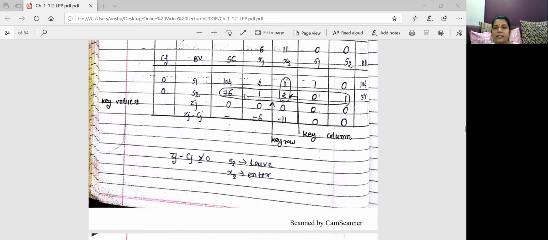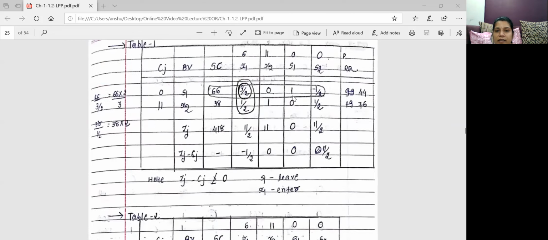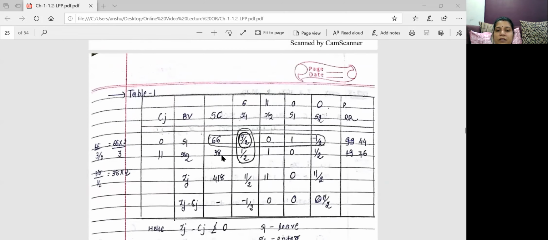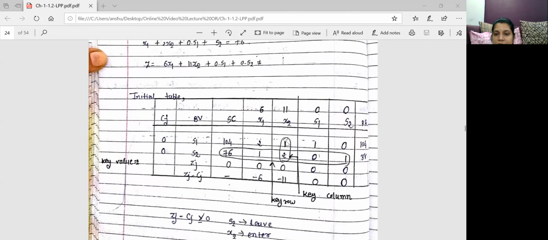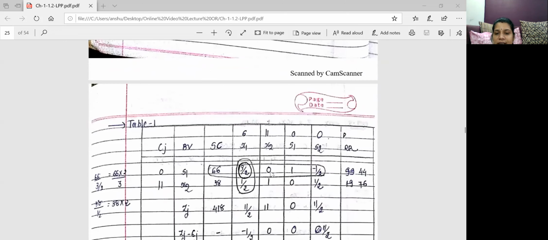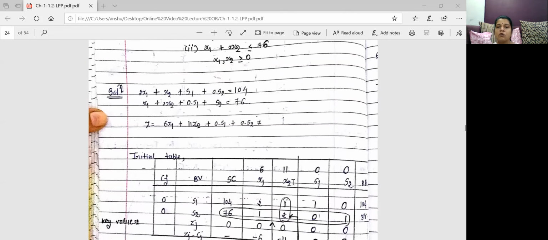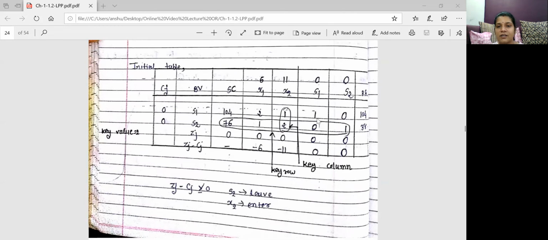After that, तो की नंबर के ऊपर और नीचे जो भी वैल्यूज हैं आपको 0 0 बाय डिफॉल्ट रखना है. So see, this is 38, 1 by 2, 1, 0, 1 by 2, and our key number is what? x2, 2. So की नंबर के ऊपर हमने बाय डिफॉल्ट क्या लिख दिया? 0 लिख दिया.